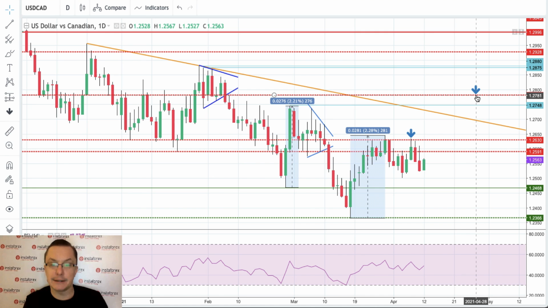If this level is violated, then we might say we have a change of the scenario. Now bulls are in charge of the market. So far, nothing like this has happened, and the bullish attempts to rally are still being capped and stopped around the 1.2630 level. So please keep an eye on this level for that week.